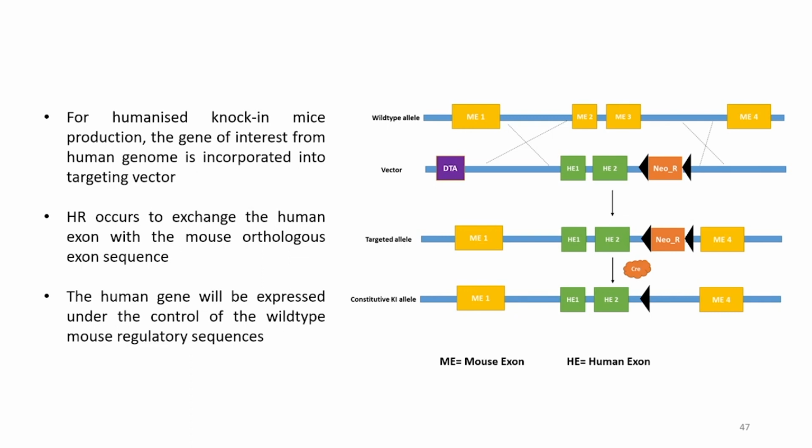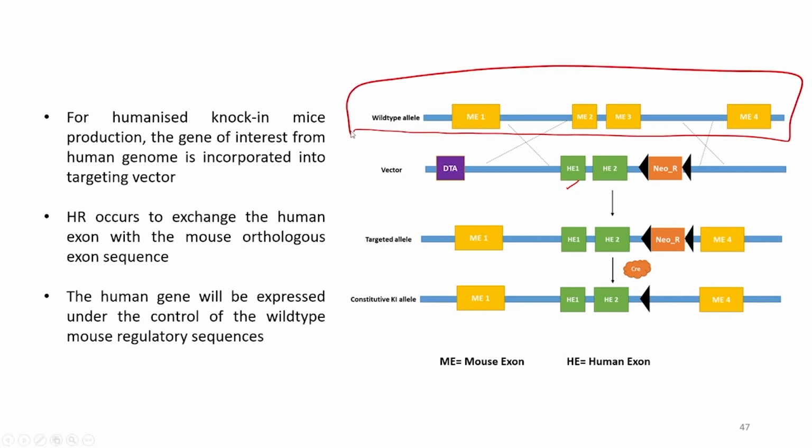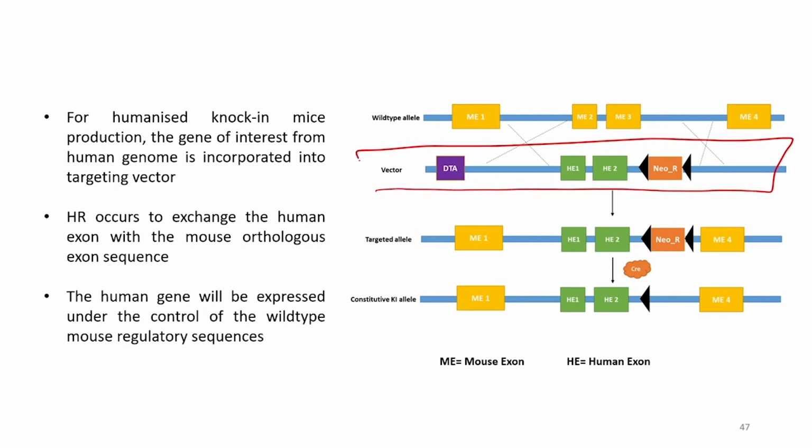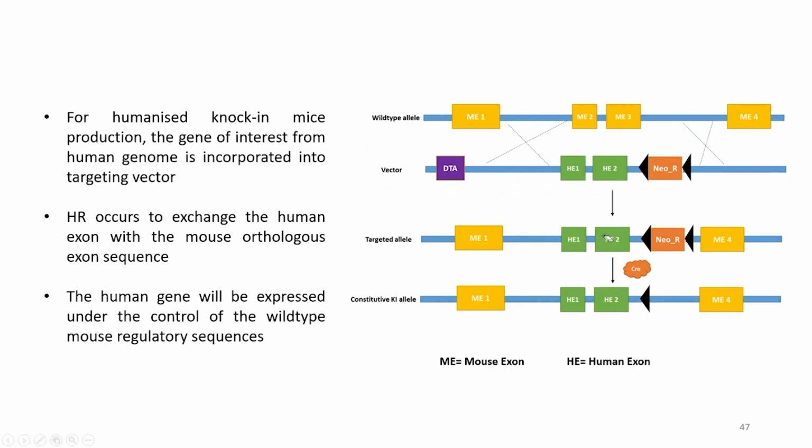So, here in this you can see ME stands for the mouse exons and HE stands for the human exons, and this is the wild type mouse. So, these are mouse exons 1, 2, 3, 4, and this is a vector construct with all the elements required for knock-in.